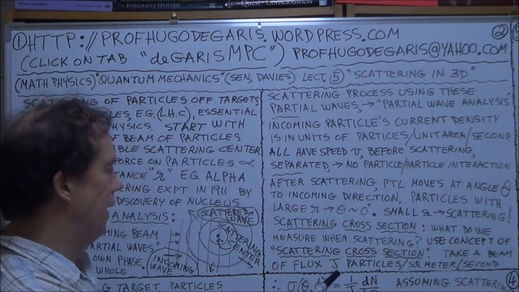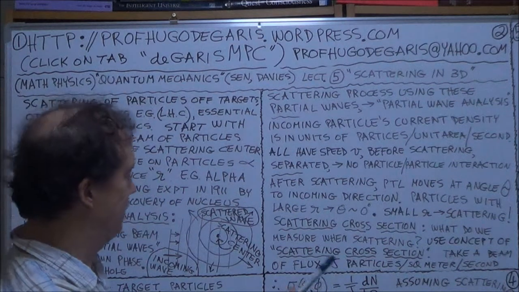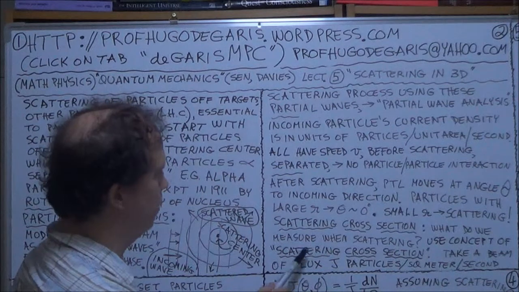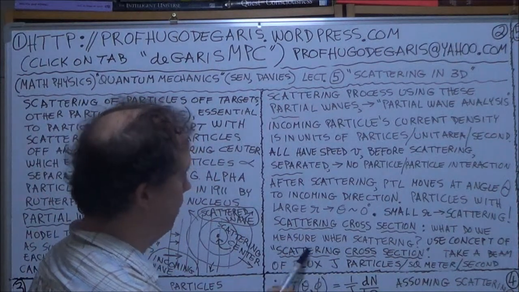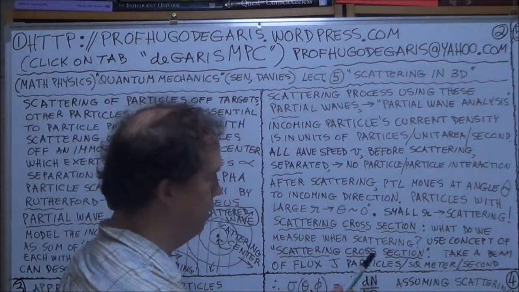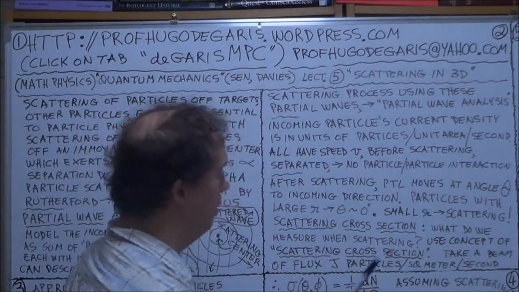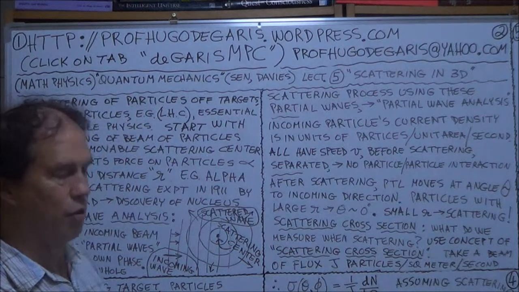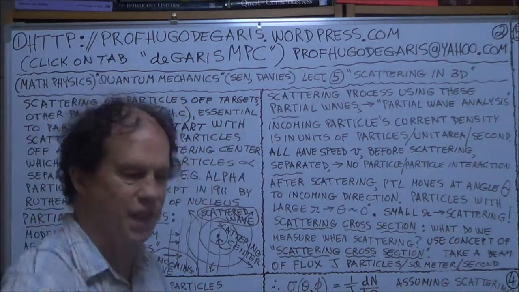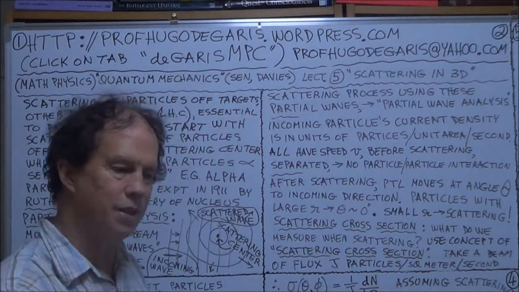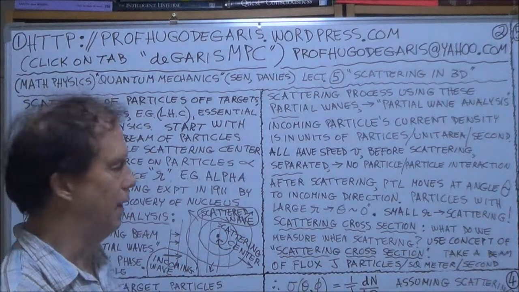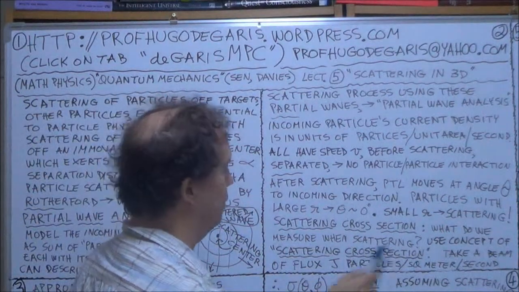Now I'll start to explain what's meant by the scattering cross section, and you'll see eventually why this concept is called a cross section, because in a manner of speaking we slice a 3D object, and the resulting surface has relevance to this concept.